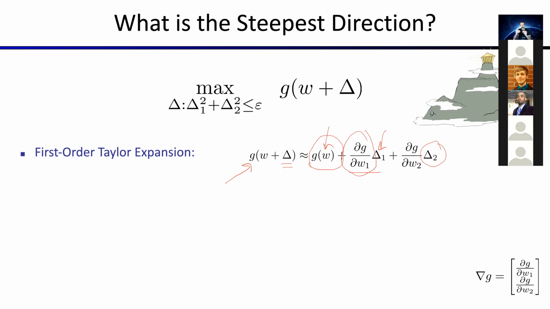Delta is basically the amount of change that you are adding to w, multiplied by the gradient of g with respect to the second coordinate of the weights.